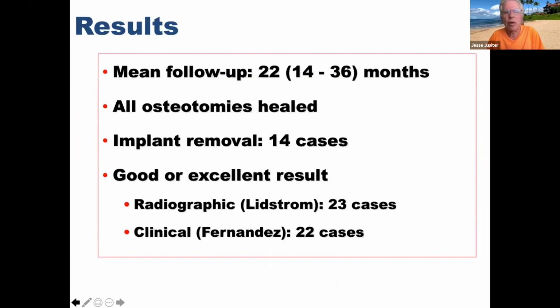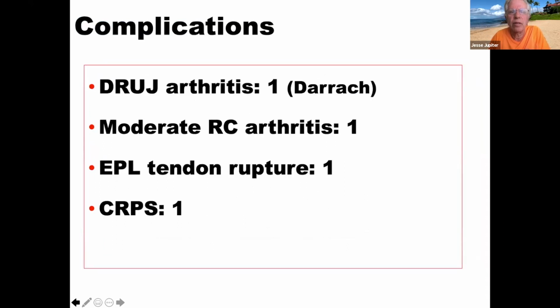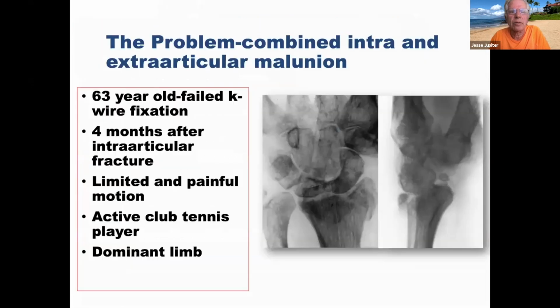Some patients required implant removal, as the implant fixation is often very distal and can be prominent. But radiographically and clinically, the patients fared, at least for a relatively short time, pretty well. And we haven't seen late deterioration. And as is expected from complex surgery, there were some complications.